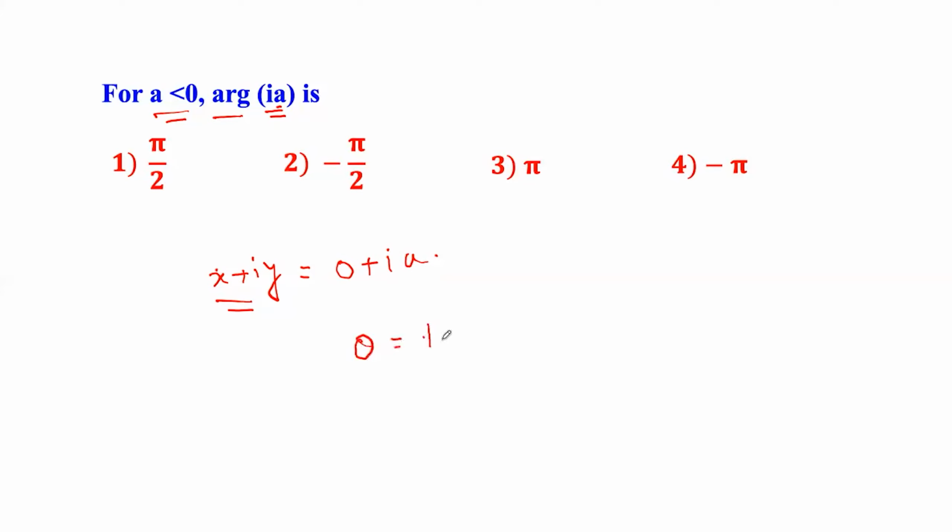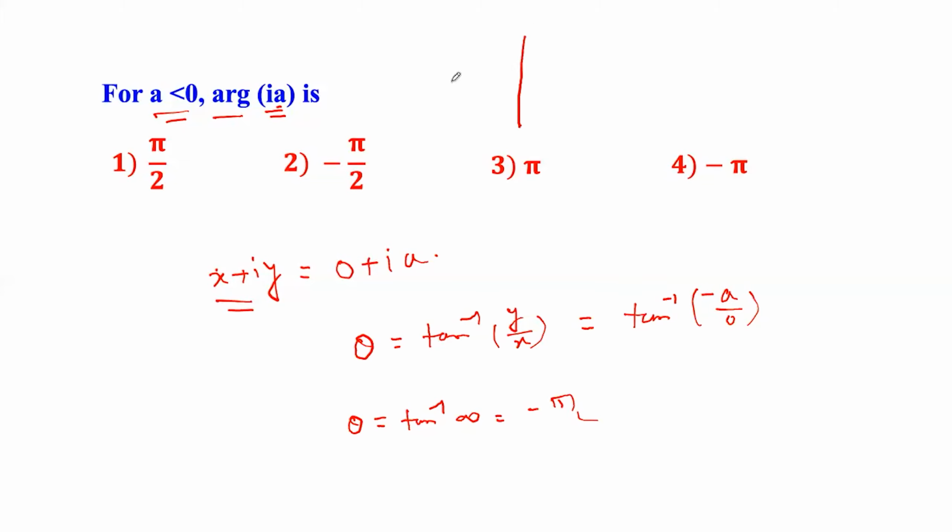So theta is equal to tan inverse y by x, which is tan inverse of minus a by 0, so theta goes to tan inverse of infinity, and this is minus of pi by 2 because of the negative sign. Or geometrically, a is negative with i, so it comes on the negative imaginary axis.